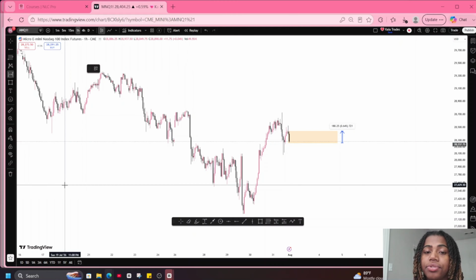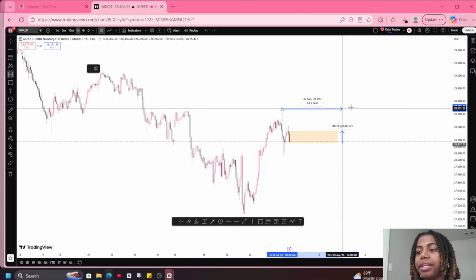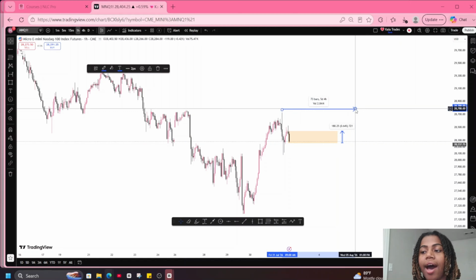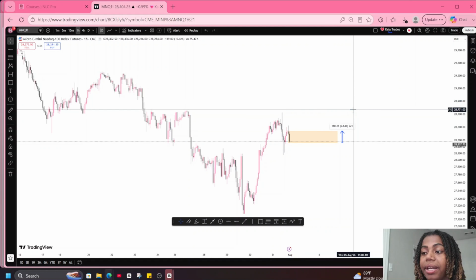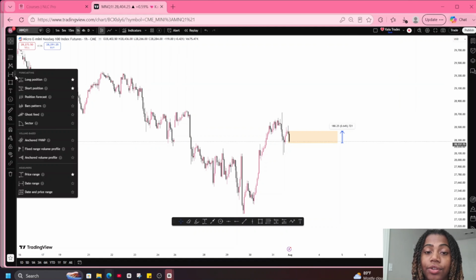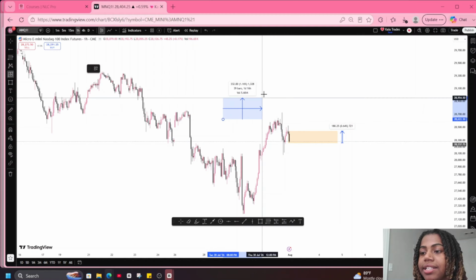Now, you can also use the range of the date. That'll tell you how many bars it took to play out or how much time it took. I typically don't use this one, but it is something that you can utilize if you'd like to track how long your trades were. But you can also do them at the same time, date and price.